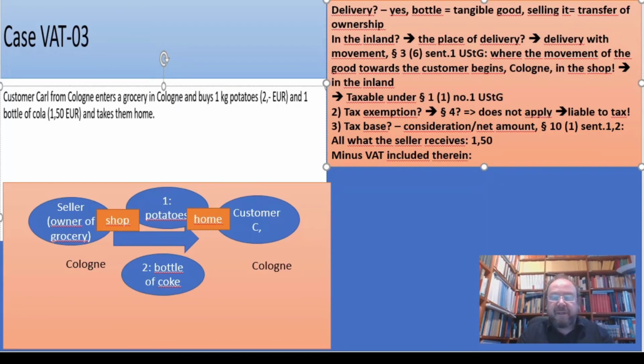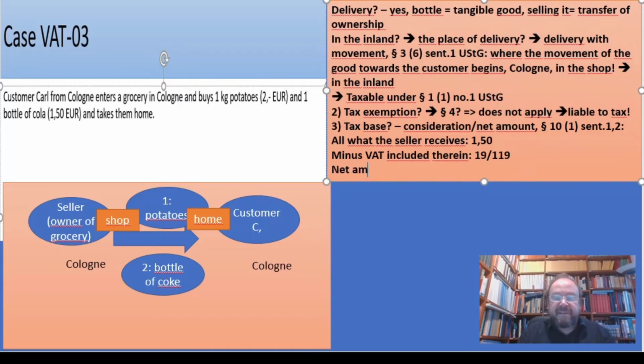This is now a 19% transaction, so VAT included is 19 out of 119%, and the net amount is therefore 1.50 divided by 119%, and this is €1.26.